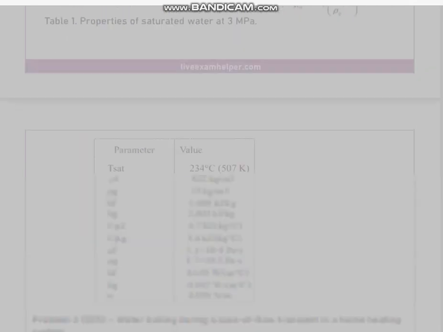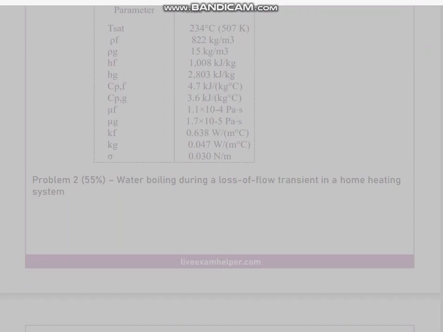Tsat 234 degrees Celsius, 507 K, rho_F 822 kilograms per cubic meter, rho_G 15 kilograms per cubic meter, h_F 1008 kJ/kg, h_G 2803 kJ/kg, Cp_F 4.7 kJ/kg degree C, Cp_G 3.6 kJ/kg degree C, mu_F 1.1 times 10^-4 Pa s, mu_G 1.7 times 10^-5 Pa s, k_F 0.638 W/m degree C, k_G 0.047 W/m degree C, sigma 0.030 N/m.